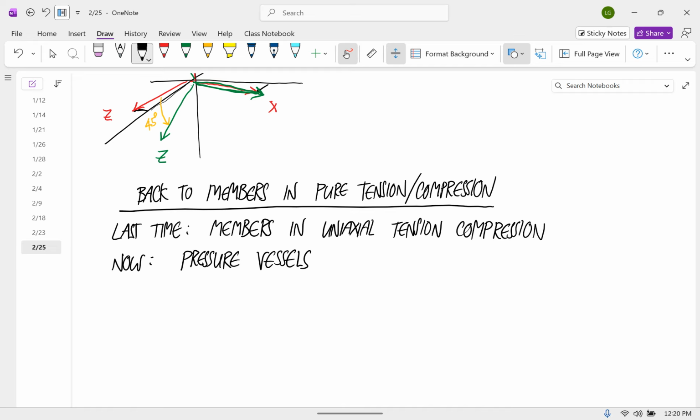And those are in biaxial tension. So instead of just having tension along one axis, it has it along, say, the x and y axis. Okay.